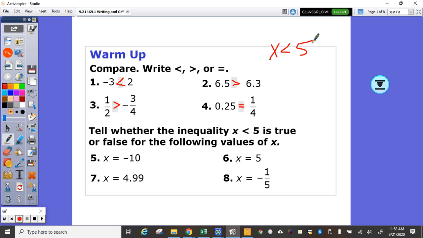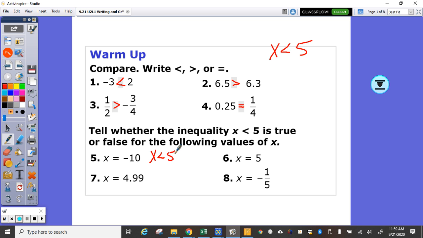There's an infinite number of numbers that are less than 5. So, are any of those numbers a value of x that I could put in here and make this true? What number would that be? Negative 10, right? We know negative 10 is less than 5, and so therefore x is less than 5 is a solution for this right here.